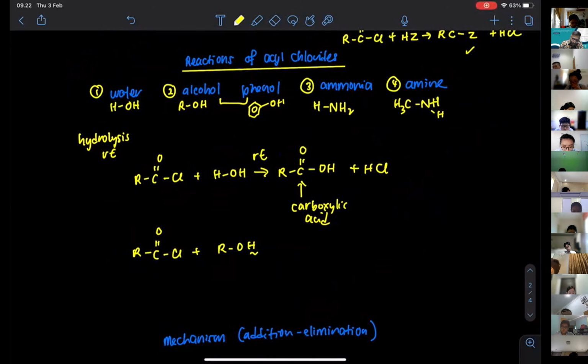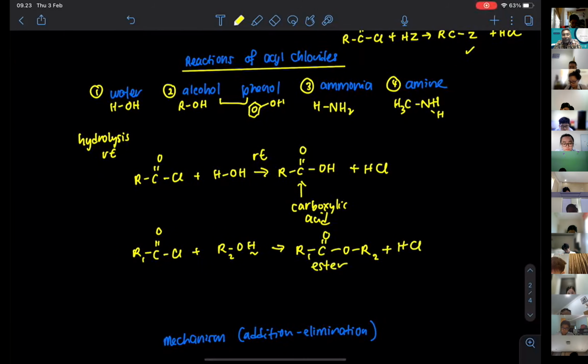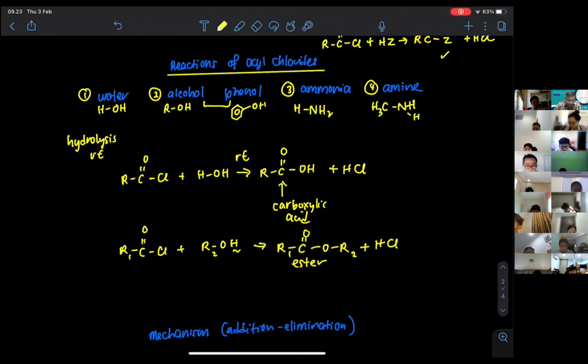So you are going to get RC double bond O, then the O and R. If this is R1, this is R2, so R1, R2 plus HCl. So you are going to get an ester. The difference is that you react this at room temperature. No need to heat up, no need to use a catalyst.